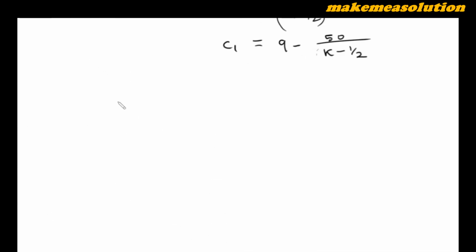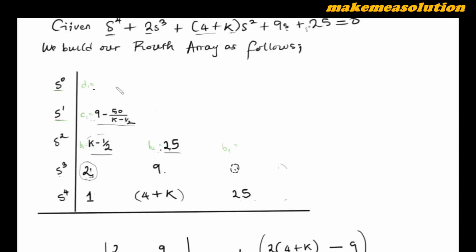So D1 is going to be 1 all over your (9 minus 50) all over (k minus half), and into, okay, to get the matrix for D1, it will be this value and this one, and I can't see any value here, so I can just pad it with 0. So 0, 25, this and this.